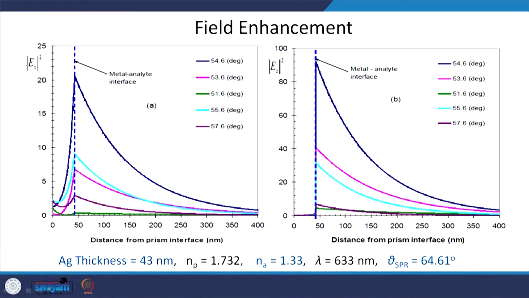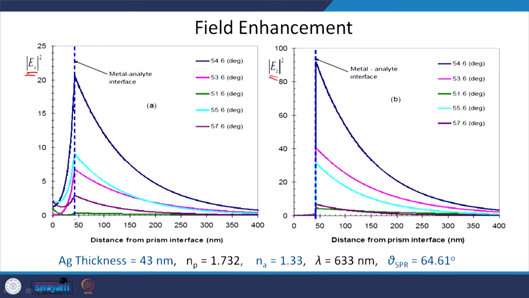So, what happens to the field is that when you shine light on an interface and when you excite surface plasmons, the field at the interface also gets enhanced. For example, here I have plotted the Ex and Ez components of the electromagnetic field for plasmons, and this is the case from the prism interface.